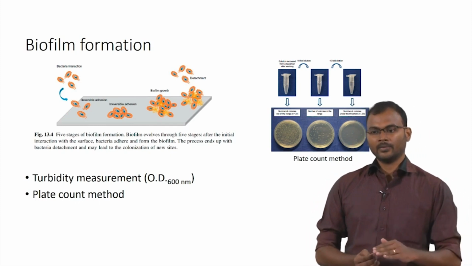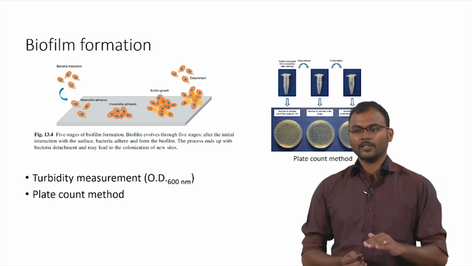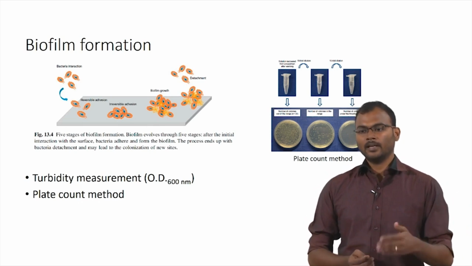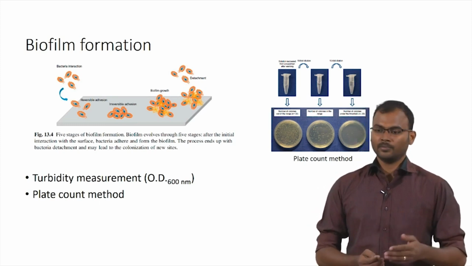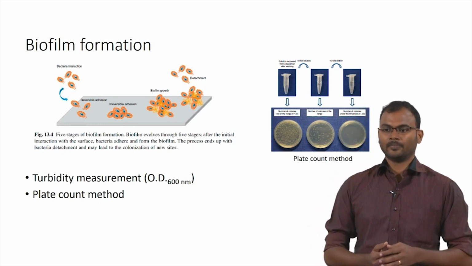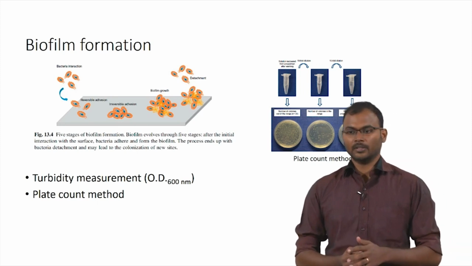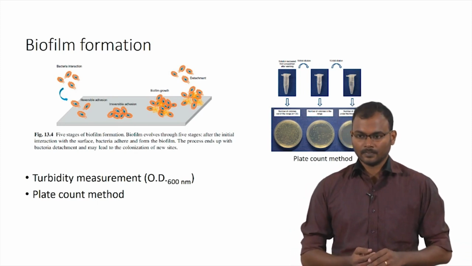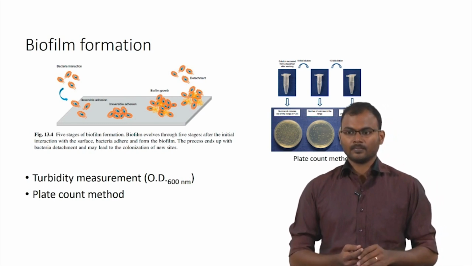So, it can bind into the depth of the material surface and stay there for a longer period of time. When it leads to aggregation, it forms a biofilm, both with gram negative and gram positive bacteria. They don't study the interaction of fungi with biomaterials.